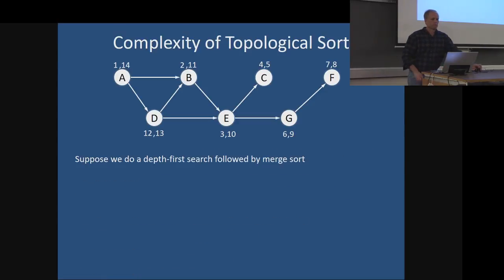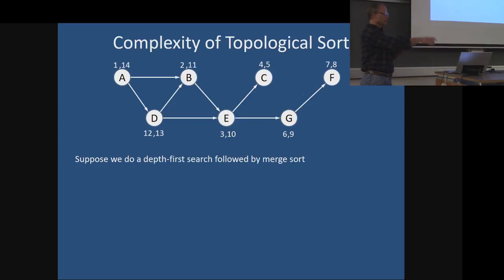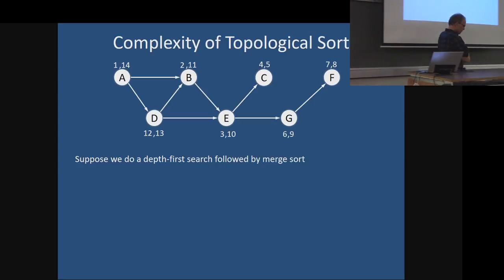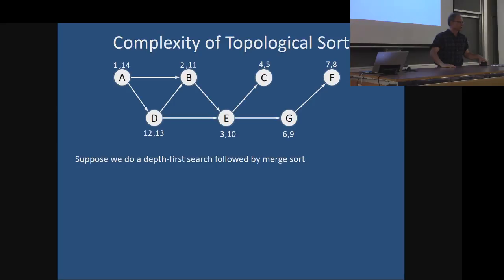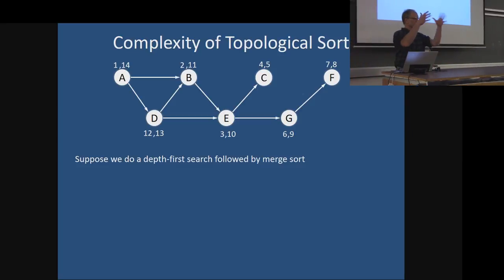Now, what's the complexity of topological sort? One thing I skipped over that I'll be going back to is to analyze the complexity of depth first search. It turns out the complexity of depth first search is linear, in the sense that the time required is proportional to the size of the graph data structure.